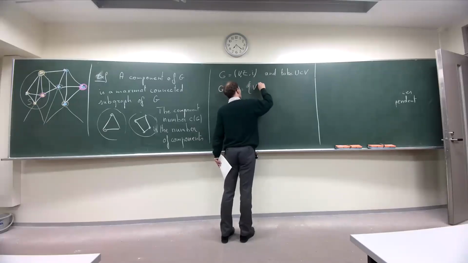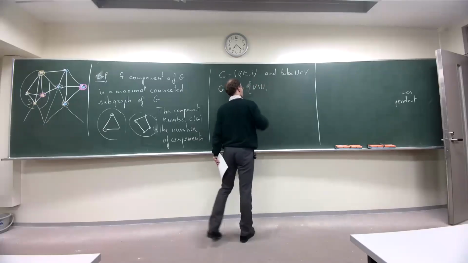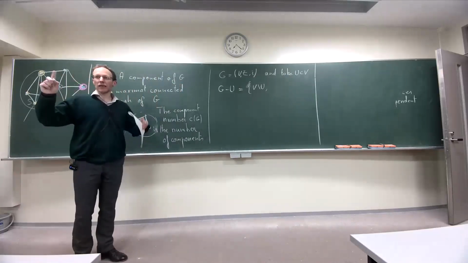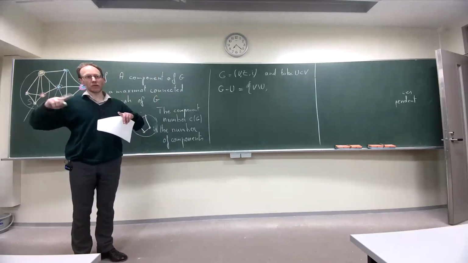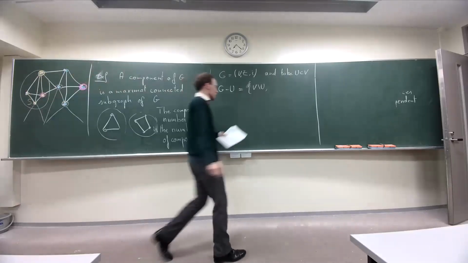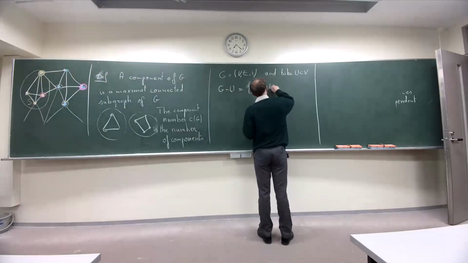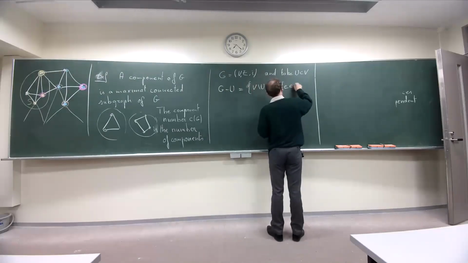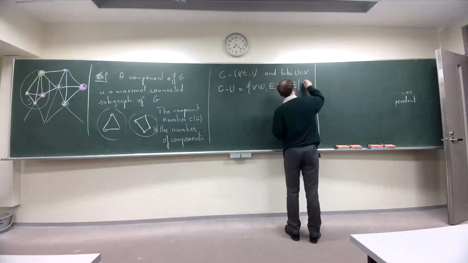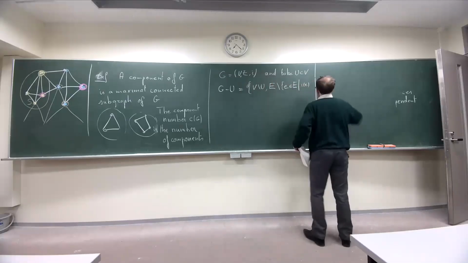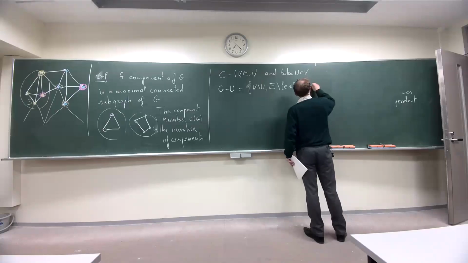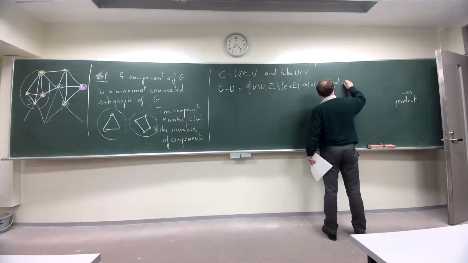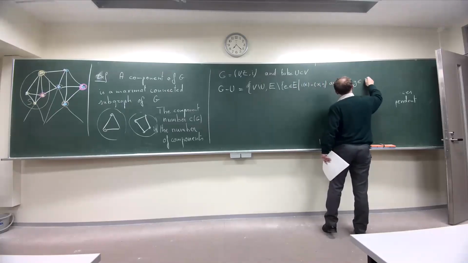You take, of course, the vertices which are not in U. But what about edges? You eliminate the edges which have one endpoint in U. So it is the set of edges minus the edges e with I(e) = XY, where either X or Y belongs to U.